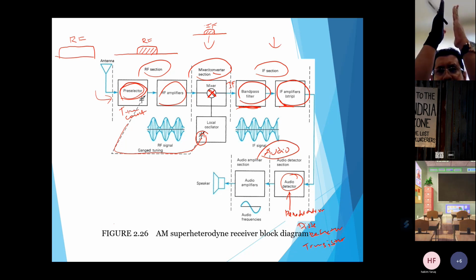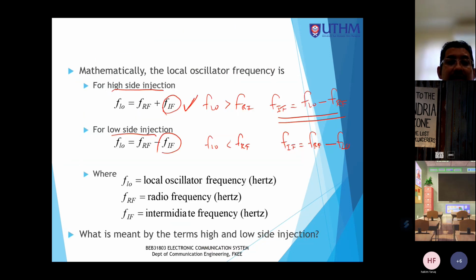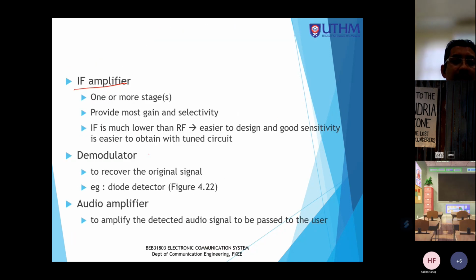Kita nak select specific, very specific frequency. Kemudian kita amplify lagi signal tersebut. Barulah kita masukkan ke dalam demodulator, iaitu audio section. This is the audio section. Barulah kita recover the signal and then we amplify and then we insert to the speaker. Barulah masuk ke dalam speaker.